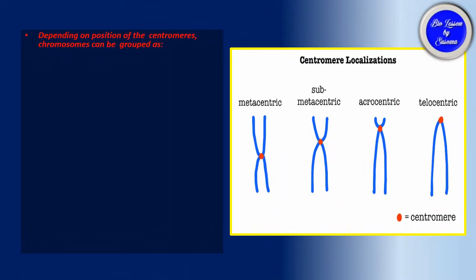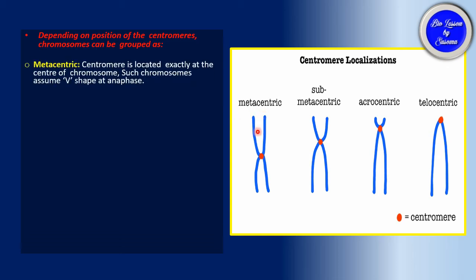Next, depending on the position of the centromeres, the chromosomes can be of 4 types: metacentric, submetacentric, acrocentric, and telocentric. Now, in metacentric chromosome, the centromere is located exactly at the center of the chromosomes.